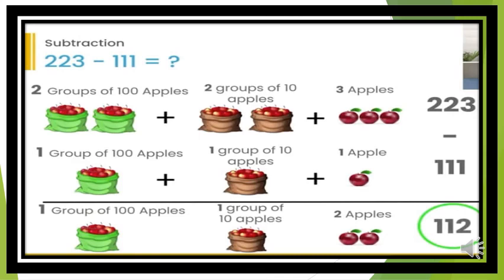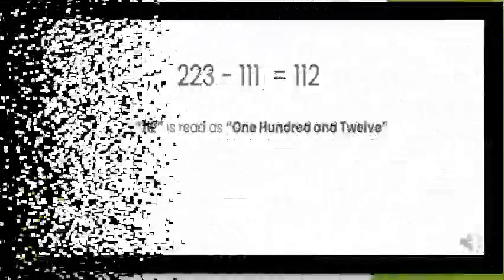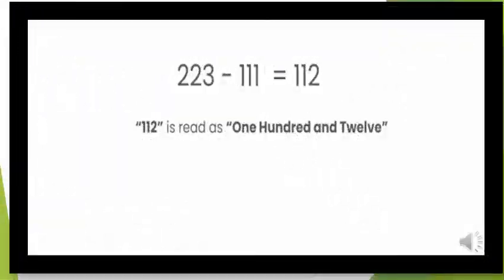So 223 minus 111 is equal to 112. Clear? I think you have no doubts about subtraction.